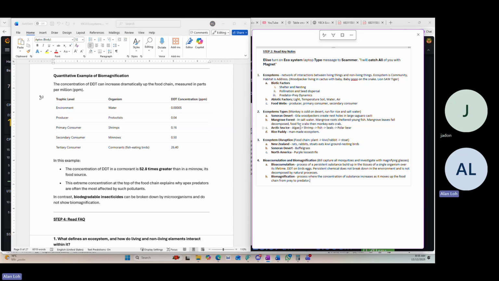Exactly. Right. So today we are going to learn the 4 drawers: ecosystem types, ecosystem disruptions, bioaccumulations, and magnifications.